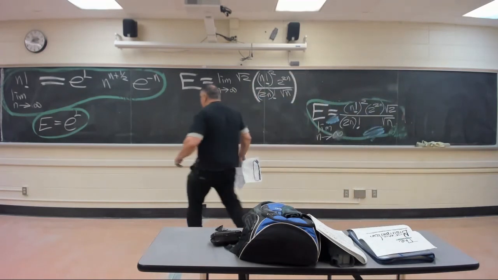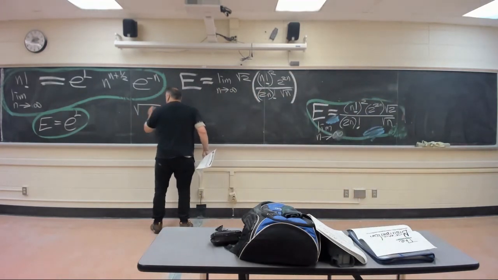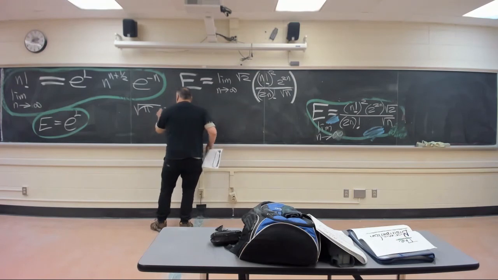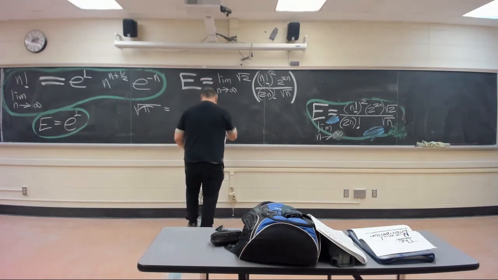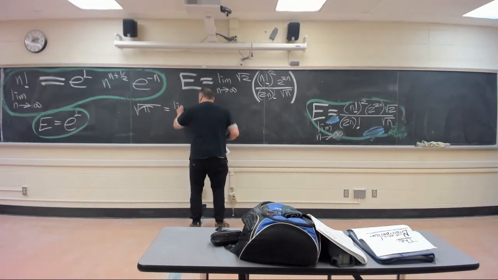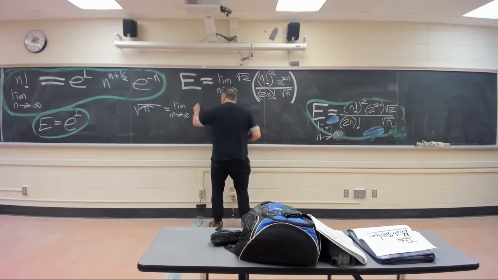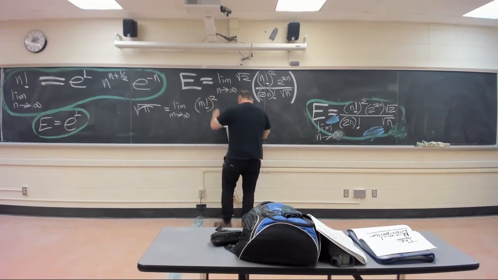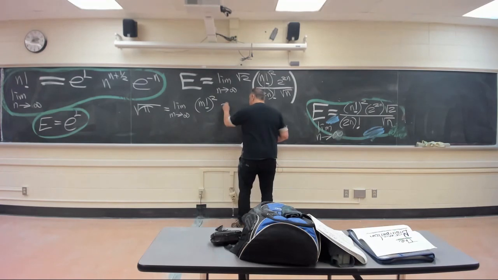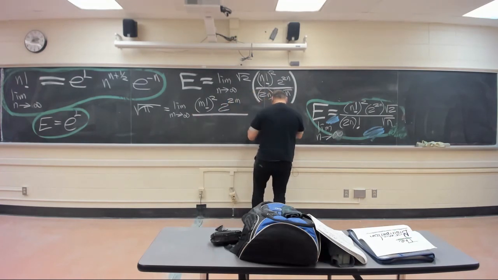We found out that the square root of pi was the limit as m, as in mom, goes to infinity. But it doesn't matter what letters I put. What matters is the mathematical reality.